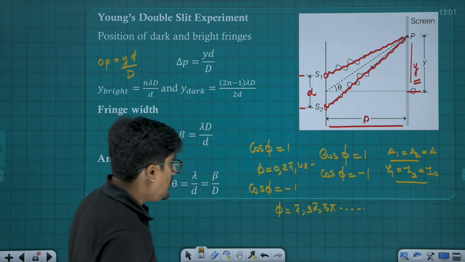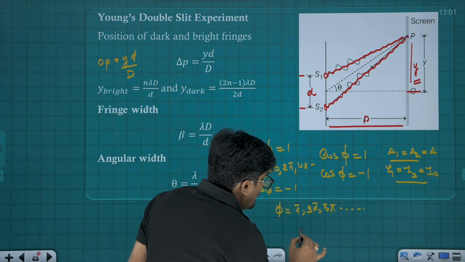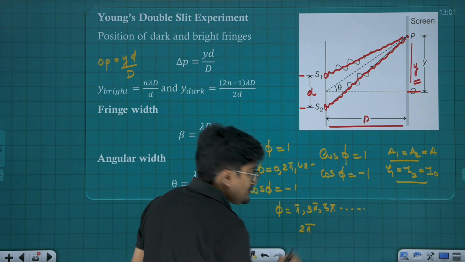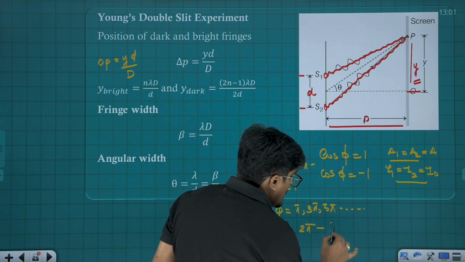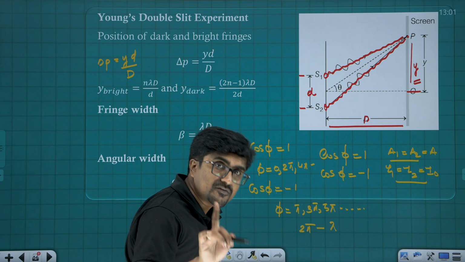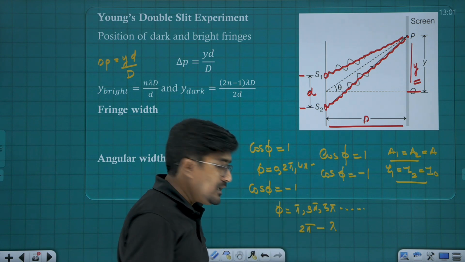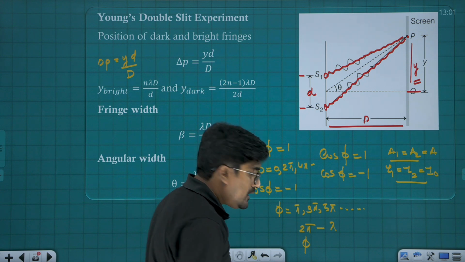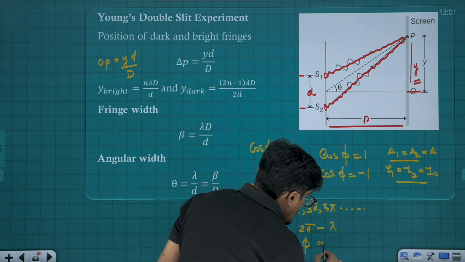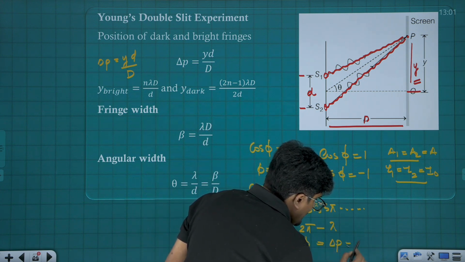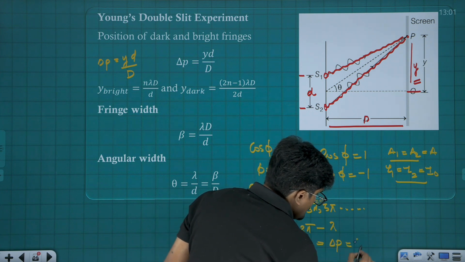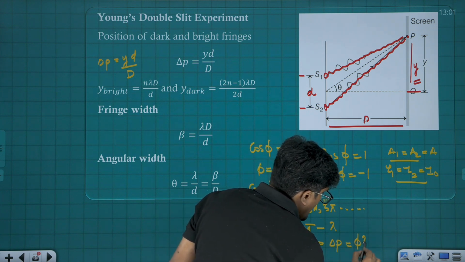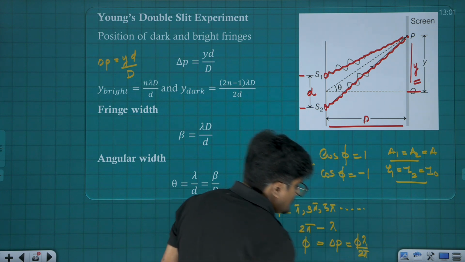Now, for a phase difference of 2 pi, the path difference is lambda. Then for a phase difference phi, the path difference delta P is equal to phi times lambda upon 2 pi.